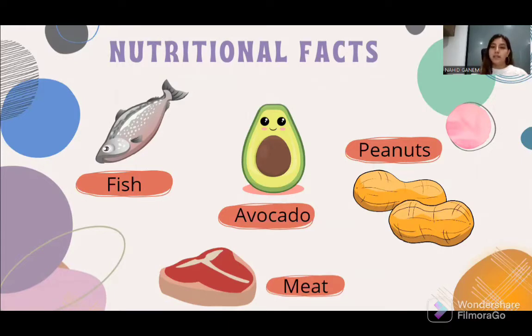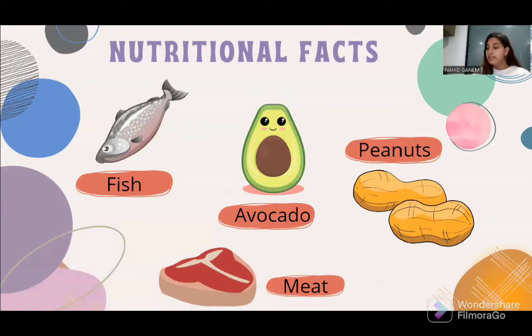Next is the meat with 218 calories, 13 grams of fat, 0 grams of carbohydrates, 24 grams of protein, and 0 grams of fiber.